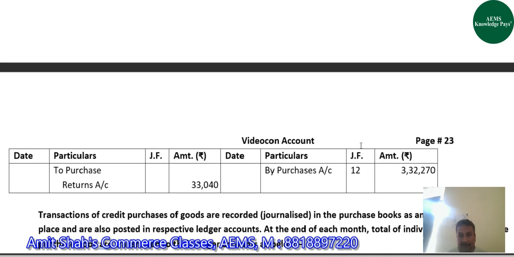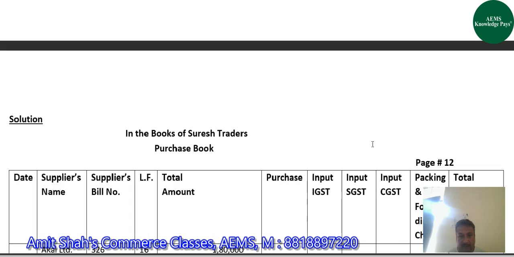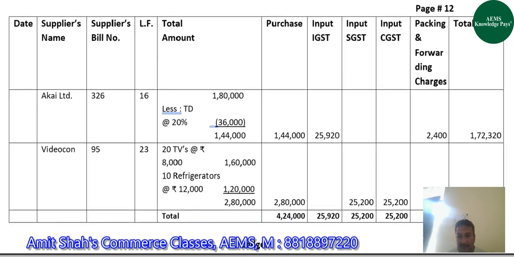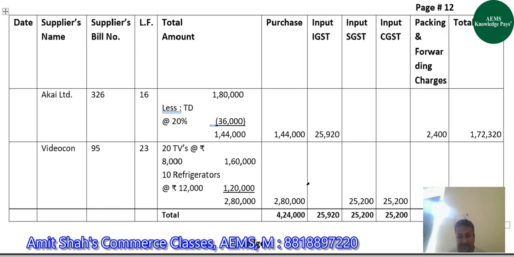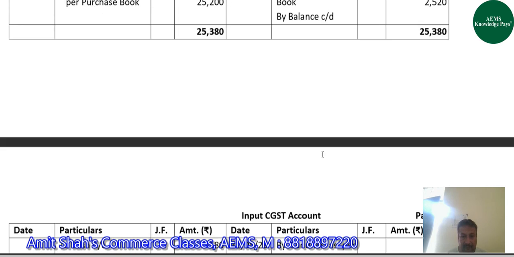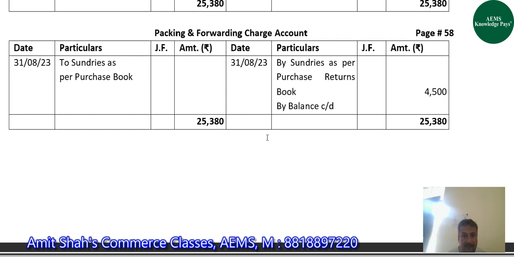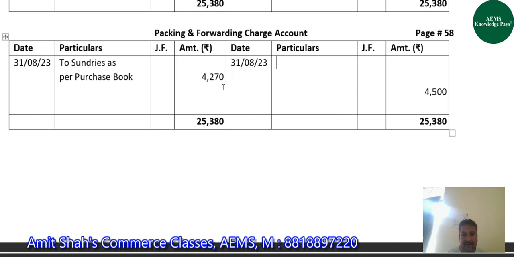The total of packing and forwarding as per the purchase book was 4,270. So here we will write 4,270 and then we will see the balance of it later.